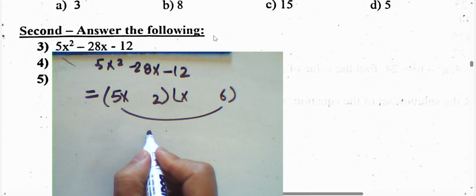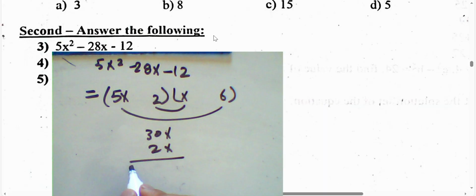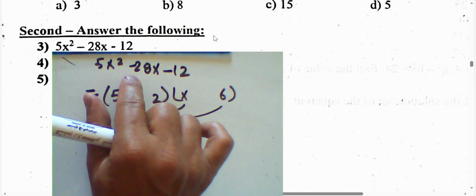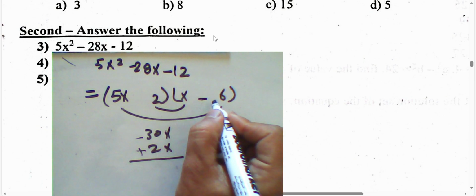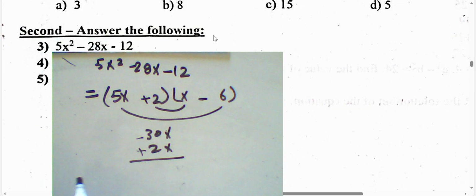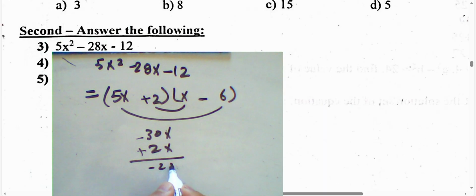And 6 times 5 equals 30, 2 times x equals 2x. Then he wants the sum of them to equal negative 28. Negative 6 times 5 is negative 30, plus 2 equals negative 28. Then negative 30x plus 2x equals negative 28x.